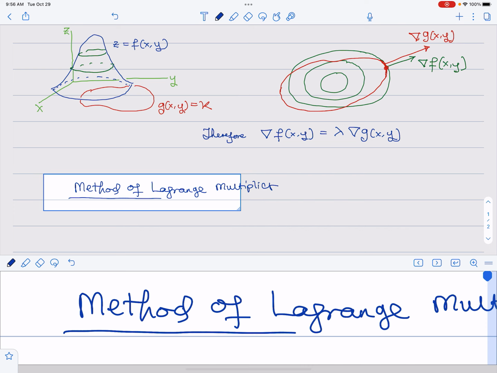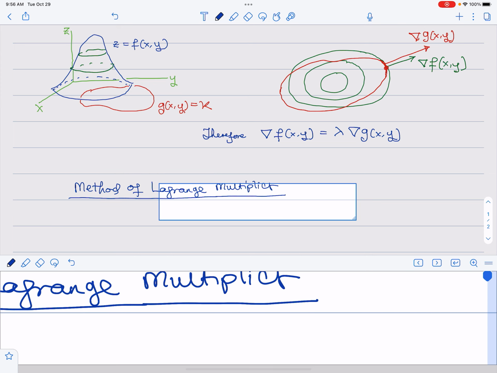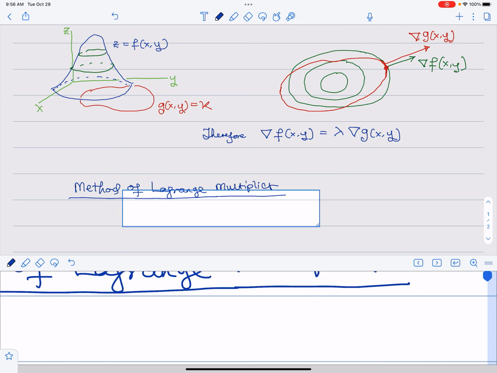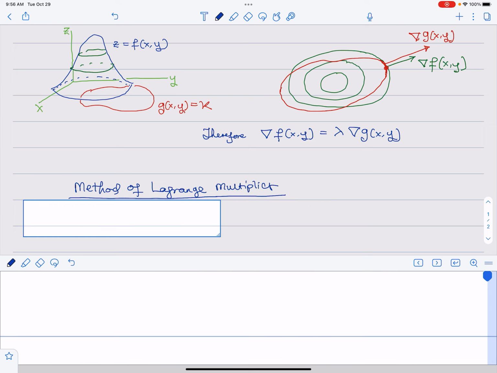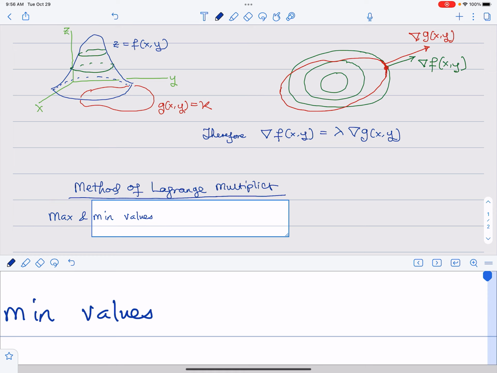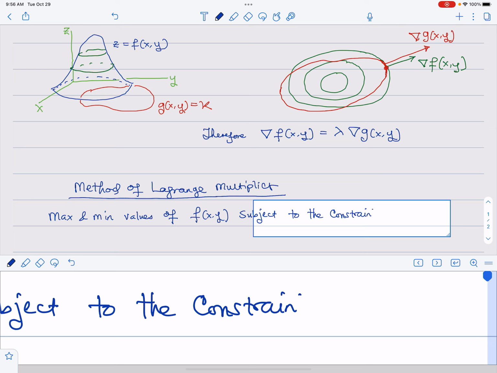So assuming we would like to find the maximum and minimum values of a function f of x, y subject to the constraint g of x, y equals k.